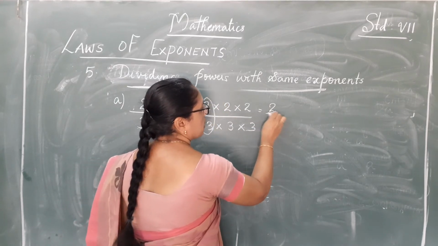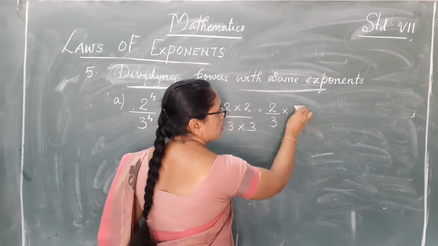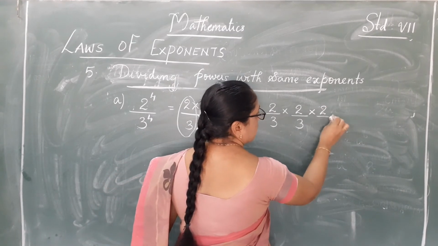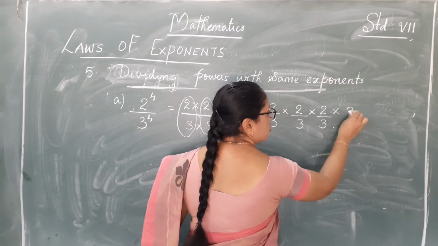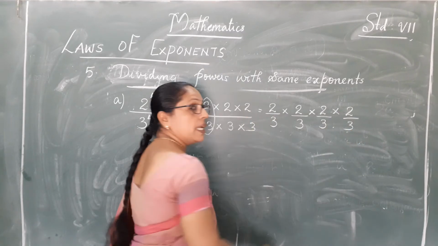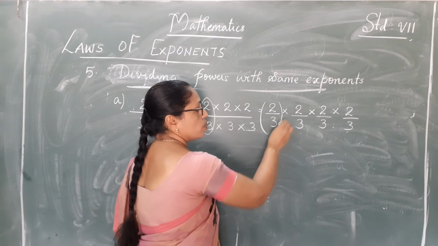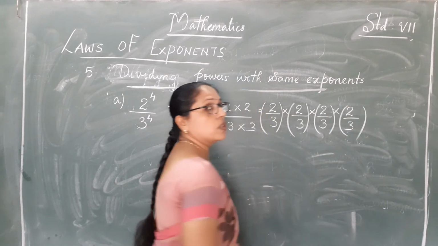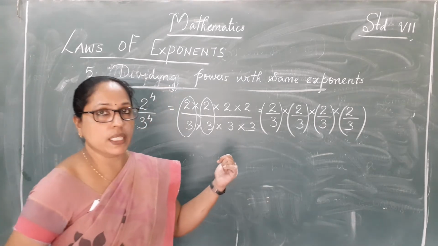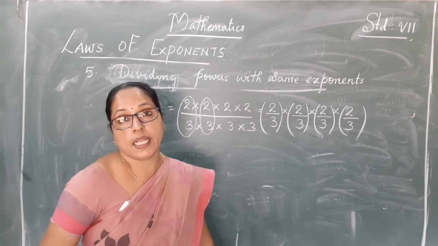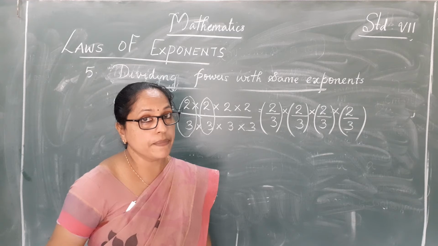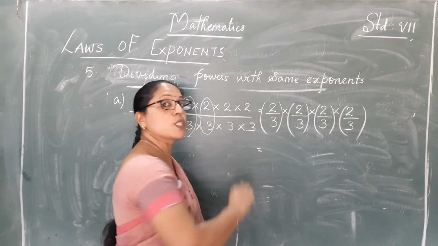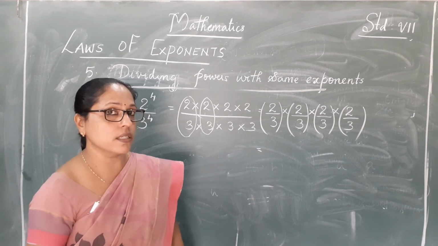So 2 by 3 into 2 by 3 into 2 by 3 into 2 by 3. We have made the groups of 2 by 3 how many times? Just check it, children. How many times the group has made? Yes, 4 times. So how can we write in the exponential form? Come on, quickly give the answer first.